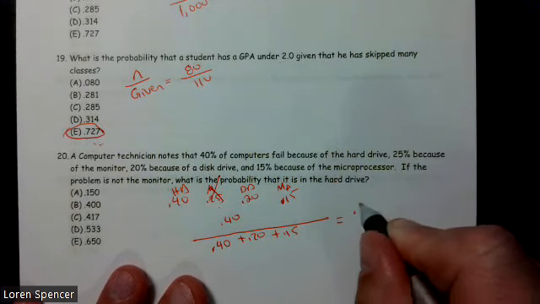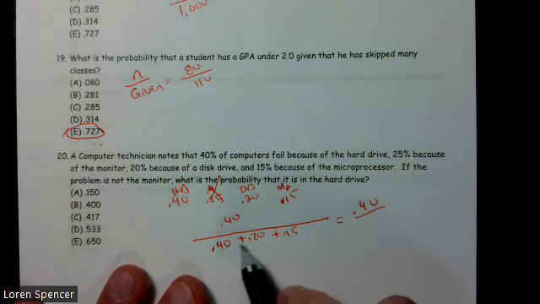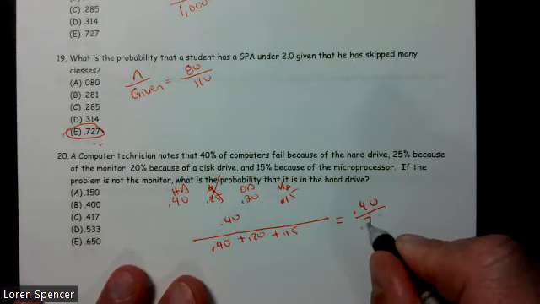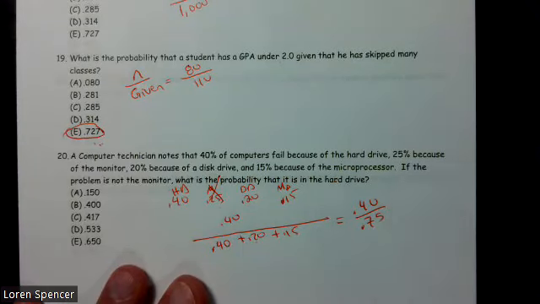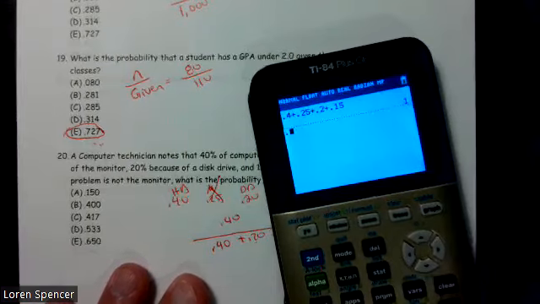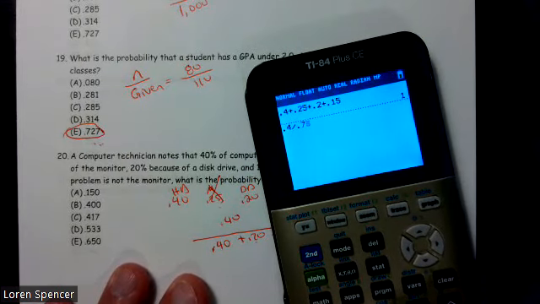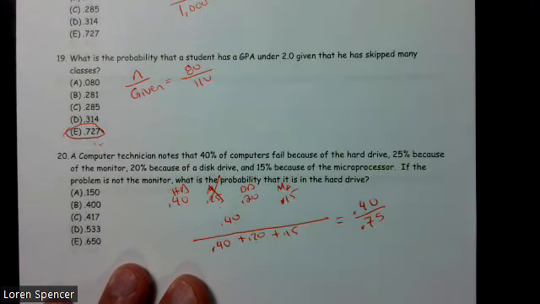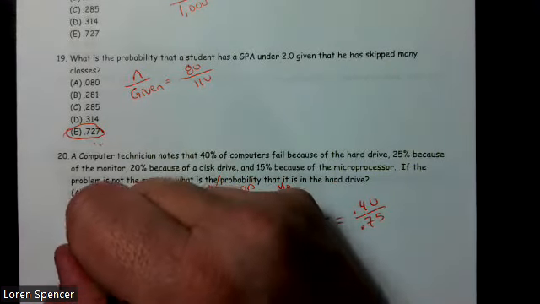So this is going to be 0.40 over 0.6. This is plus 0.15 is 0.75. So 0.4 divided by 0.75. And we end up getting about 53%. So our answer choice is D.